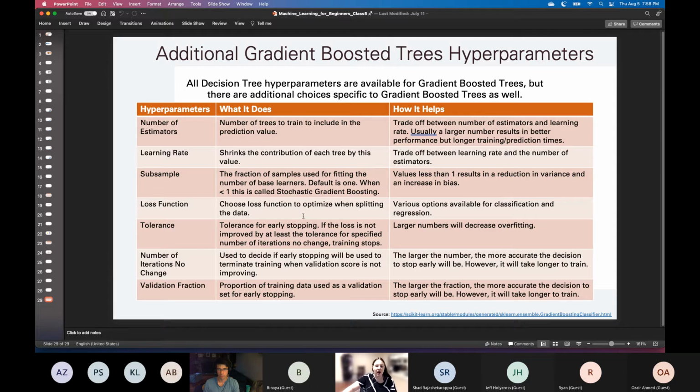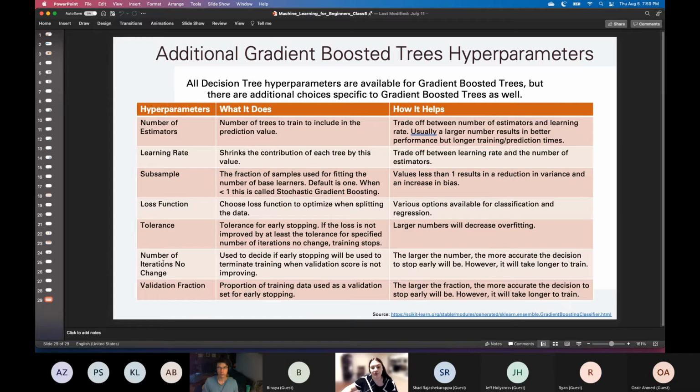Tolerance for early stopping: if the loss function did not improve by at least the tolerance that you specify, or there is no change, then it cuts off and does early stopping in that case.